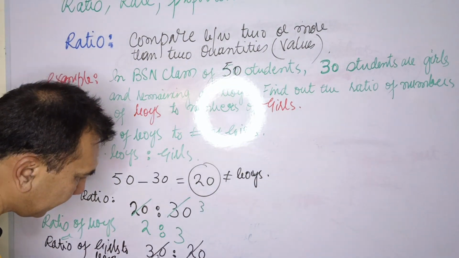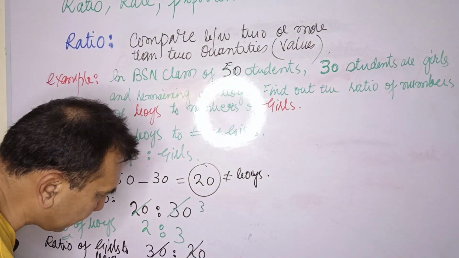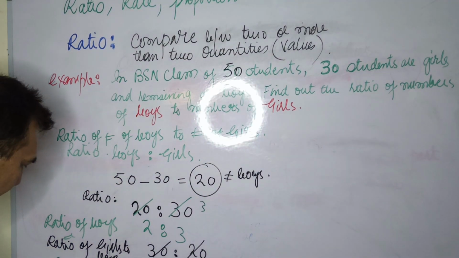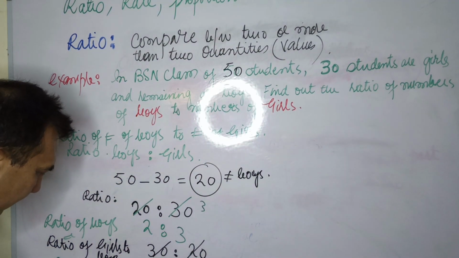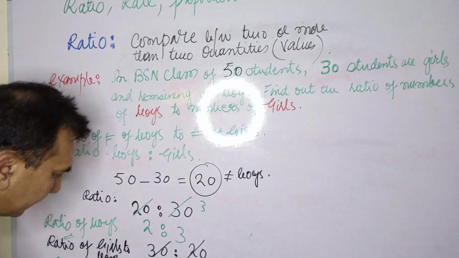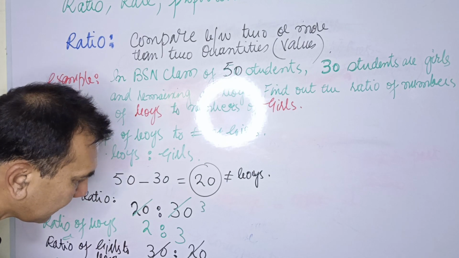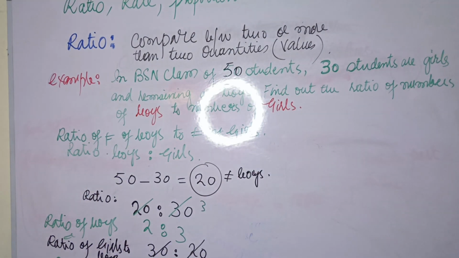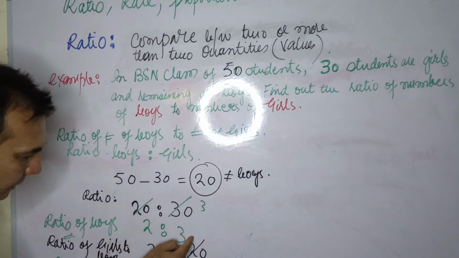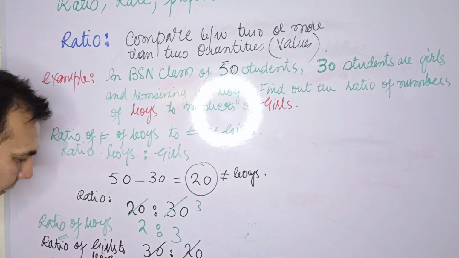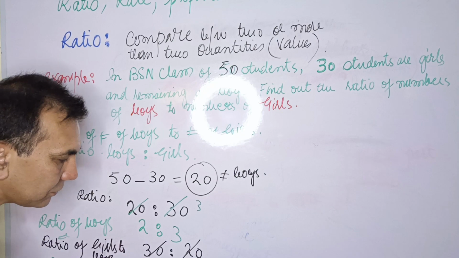Then it comes to a 3 to 2 ratio. Now 3 to 2 is the ratio of the number of girls to the number of boys. The ratio of the number of boys to the girls is 2 to 3, and the ratio of the number of girls to the boys is 3 to 2.